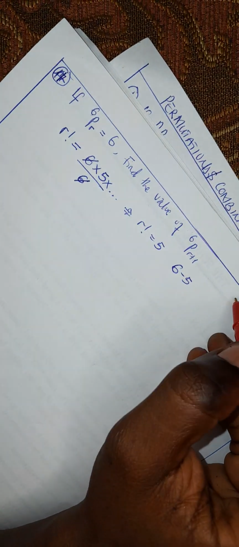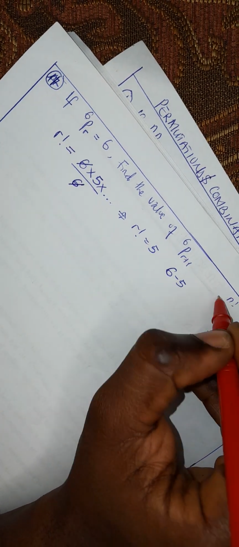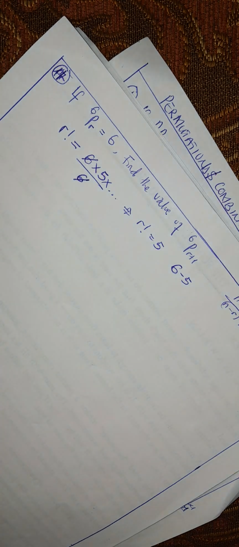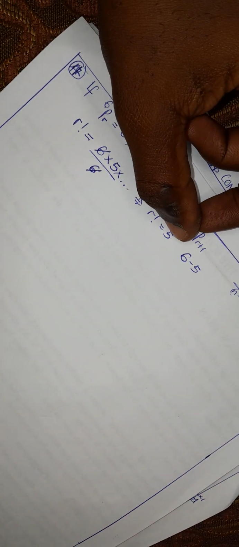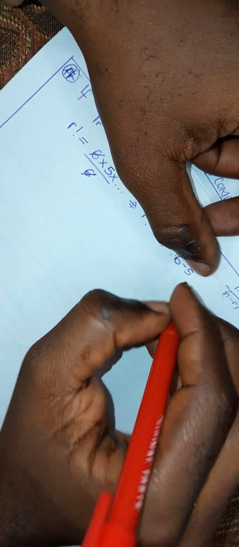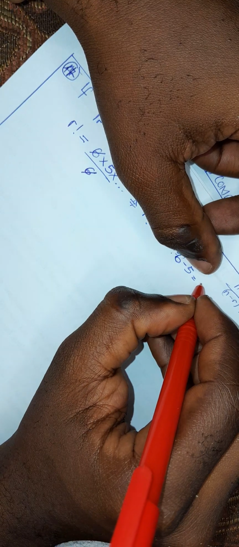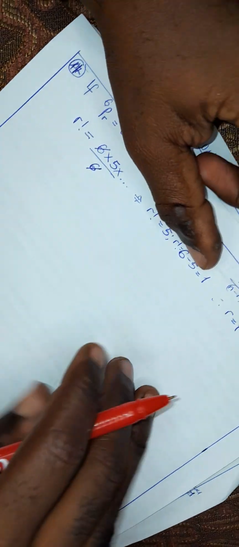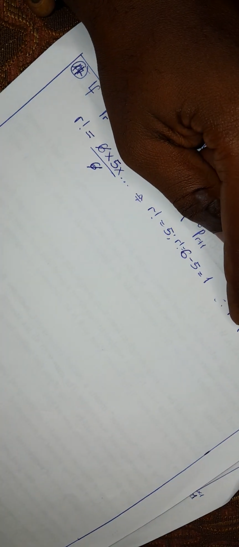When you're writing the formula for permutation, it's actually n factorial over (n minus r) factorial. Aha. So we want to look for the number down. So r won't just be 5. It will be 6 minus 5, which equals 1. So therefore r equals 1. But we're not to stop there.